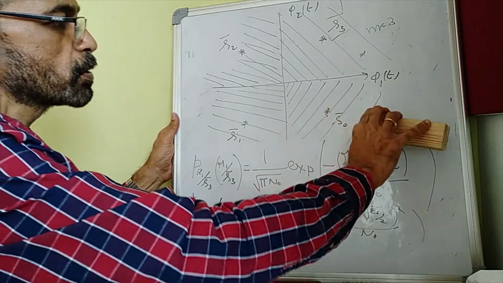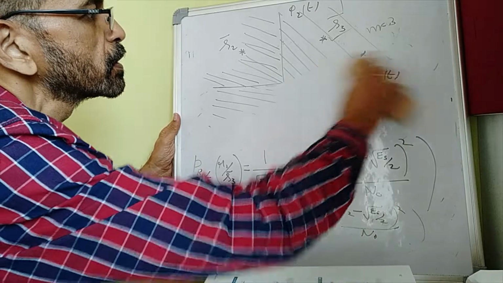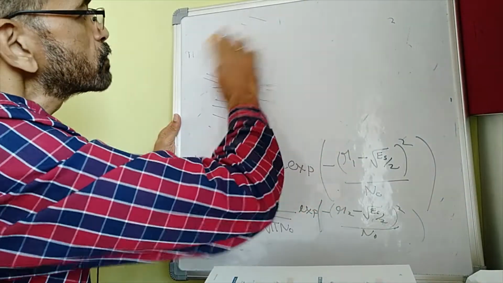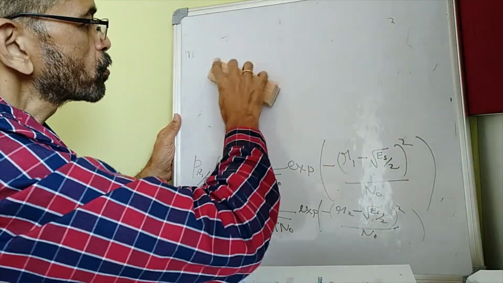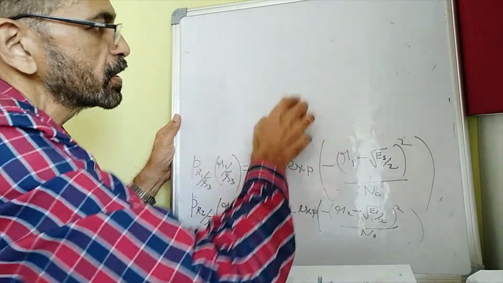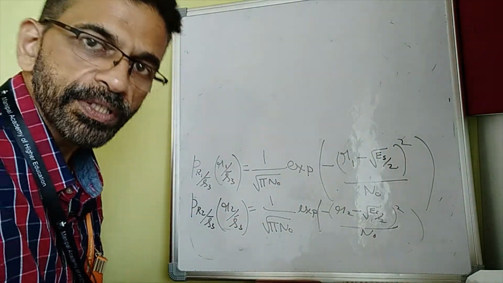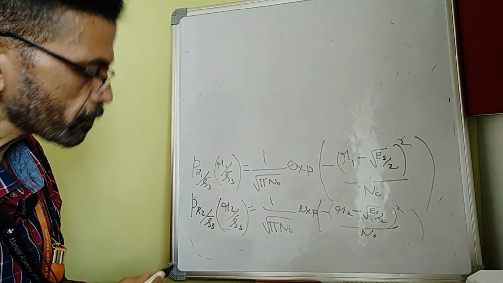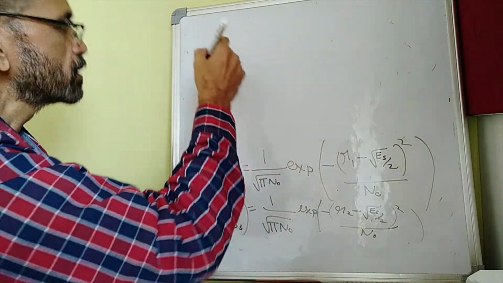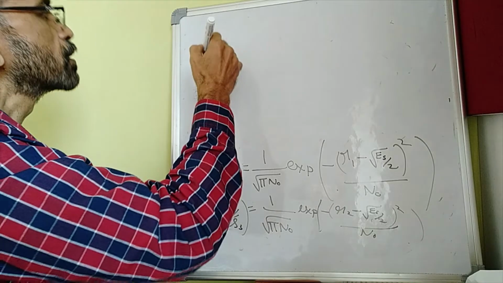So let's find out what is the probability of that. Once we find that, we'll get the probability of correct detection, and when we subtract that from 1, we'll get the probability of error in detecting that particular symbol or signal.